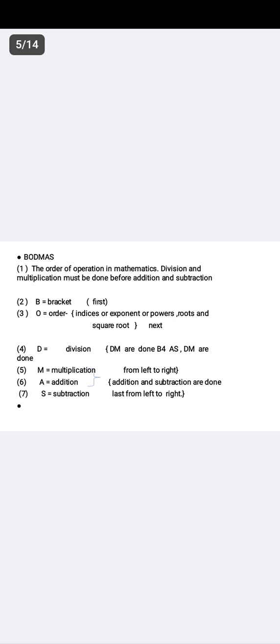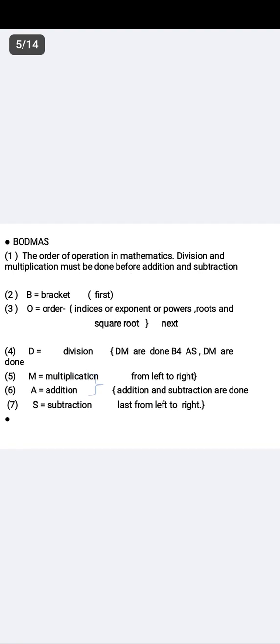It's after you resolve division and multiplication that you can go into addition and subtraction. Is that clear? Do you need further explanation on this? If you do not need any further explanation, then let's proceed.